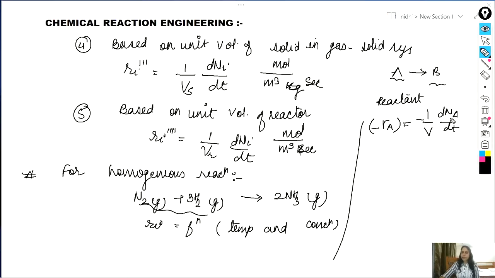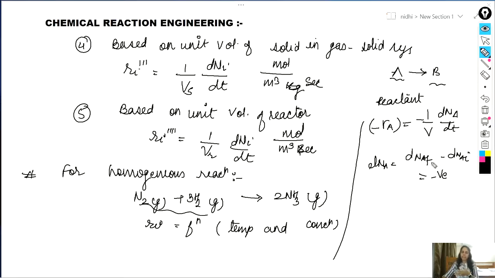Okay, fine. Or what is N_A? N_A is your number of moles, and dN_A is the change in number of moles. So final number of moles minus initial number of moles. So dN_A you can define as N_A final minus N_A initial, and it should be negative because reactant is going to be converted.